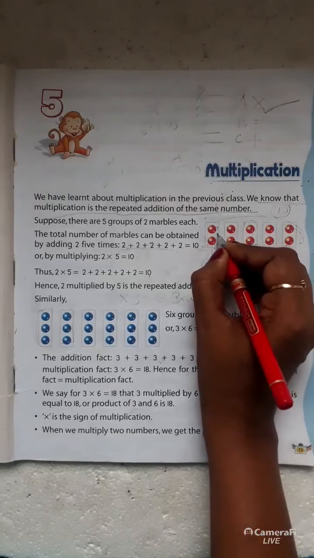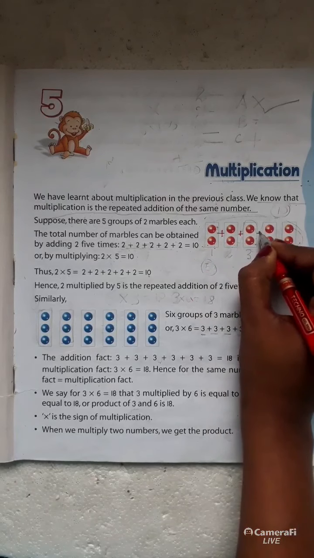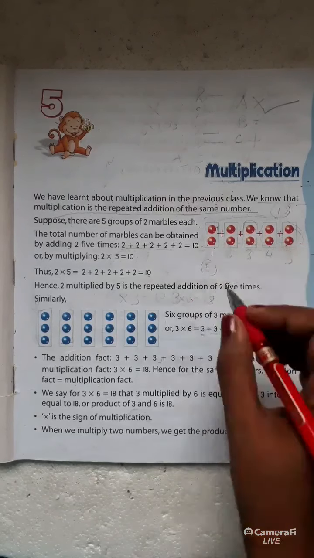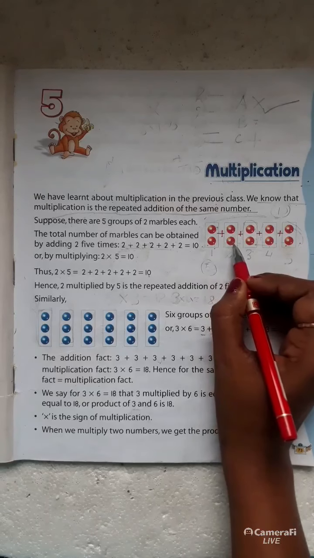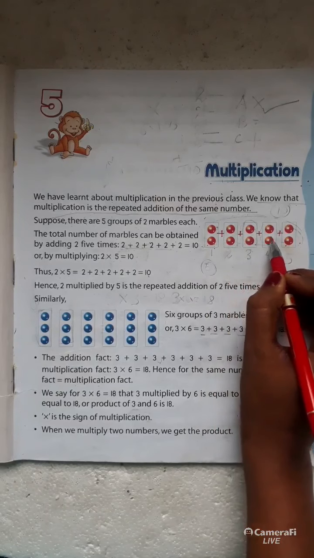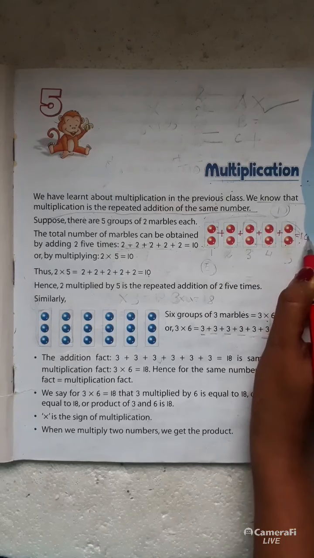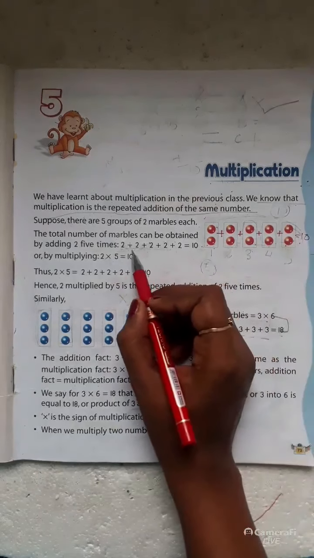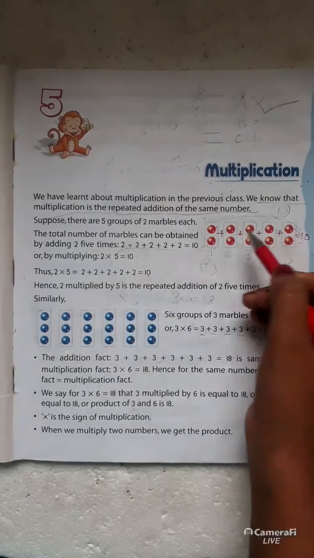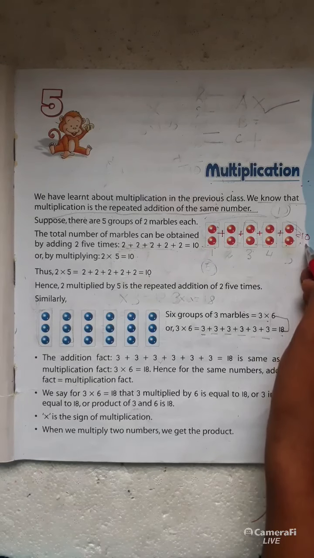How will I do it? I will just add these marbles. 2 plus 2 is equal to 4. 4 plus 2, 6. 6 plus 2 is 8. 8 plus 2 is 10. So if I add these marbles, the sum will be 10.